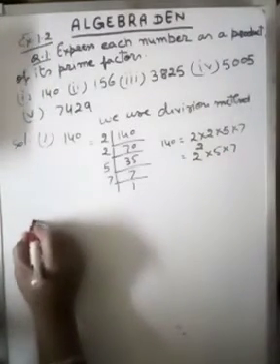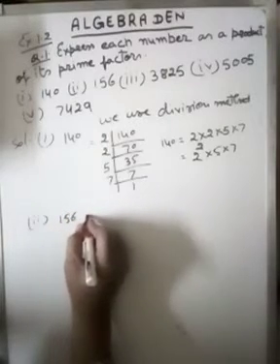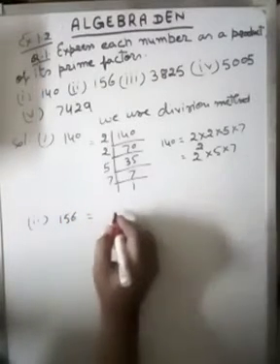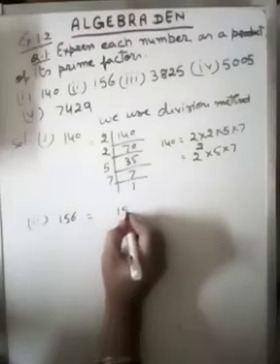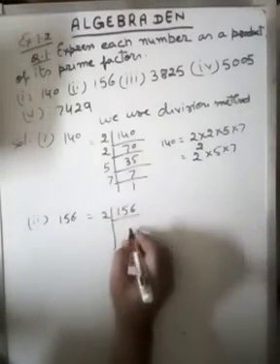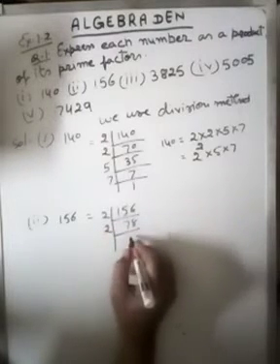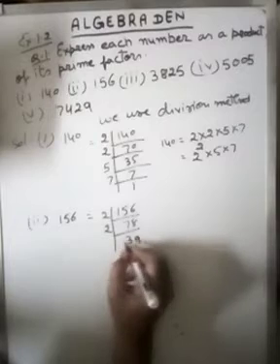Now the second part is the number 156. Again we will use the division method. 156 dividing by 2, it is 78. Then again by 2, it is 39.